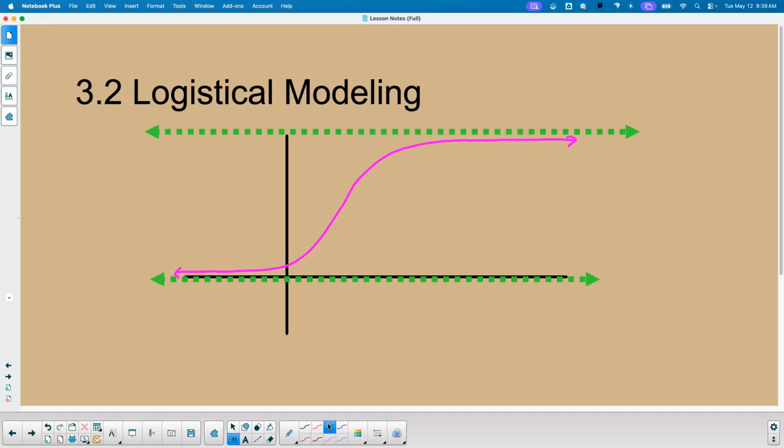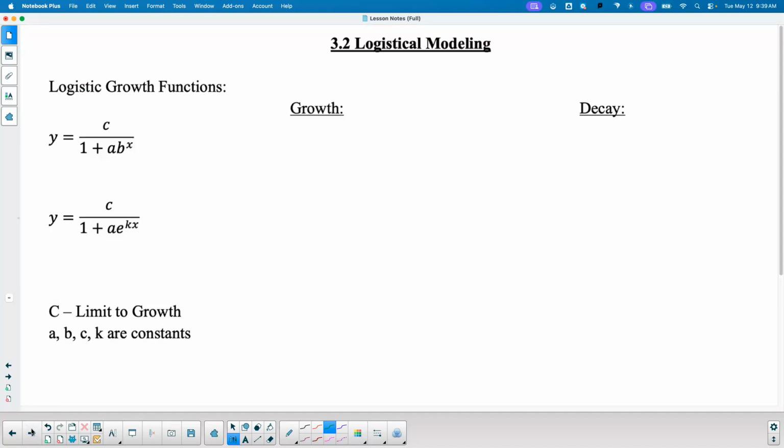This lower one is very much so typically y equals 0. And this upper one is y equals c, and we're about to figure out what c is. So logistical functions look like this.